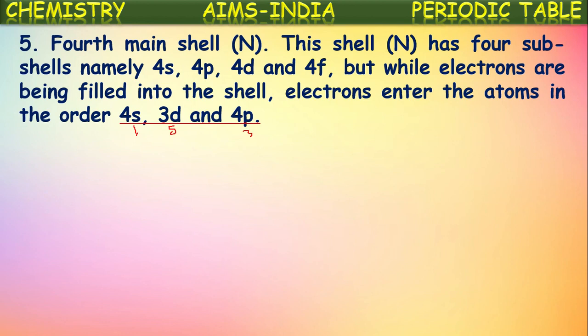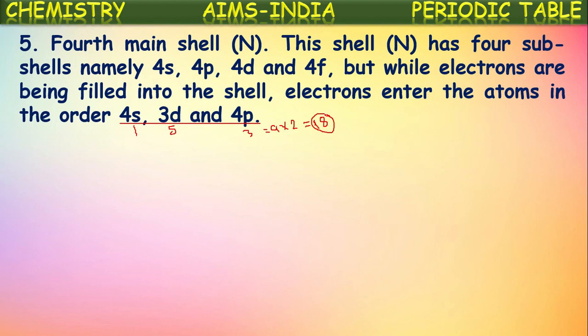Totally how many orbitals? 1 plus 5 plus 3, totally 9 orbitals. Each orbital can accommodate 2 electrons again. So this is equal to 9 into 2. How much is it? 18. So 18 types of electron configurations are possible in the fourth period.